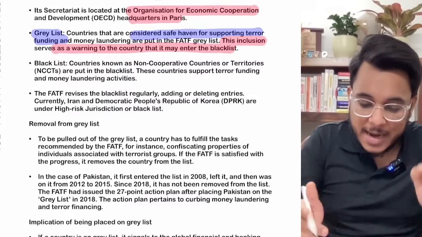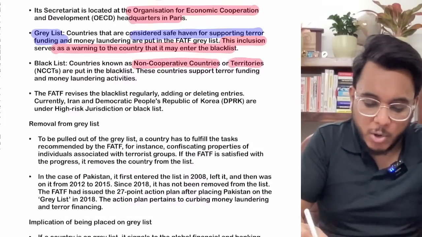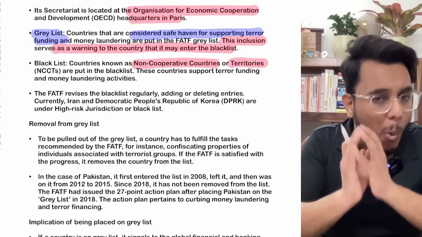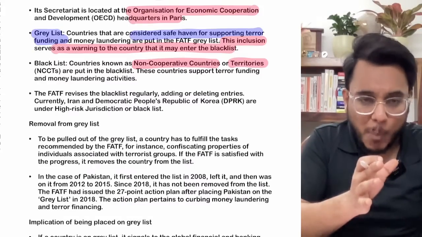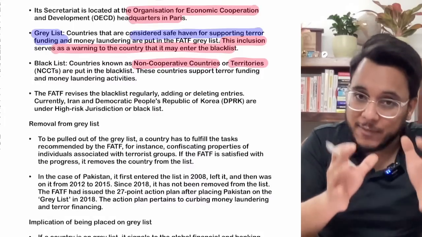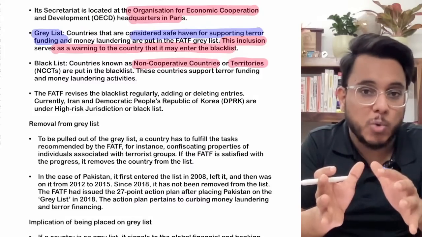Now, the countries that come in the blacklist are called non-cooperative countries or non-cooperative territories. These countries are those who openly facilitate terror funding, and after coming into the blacklist, they will not be able to access money from financial organizations like the IMF and World Bank.